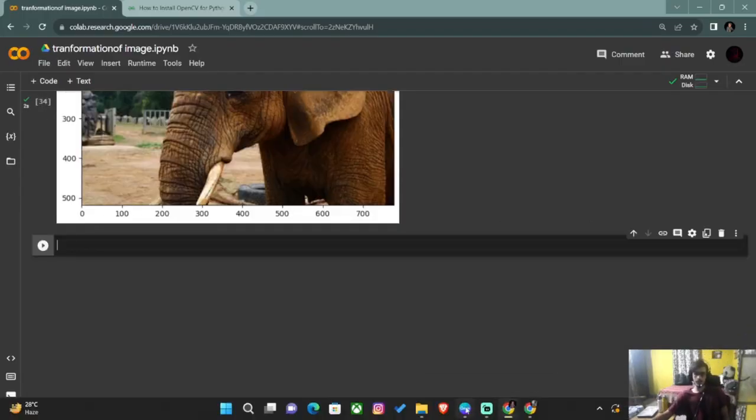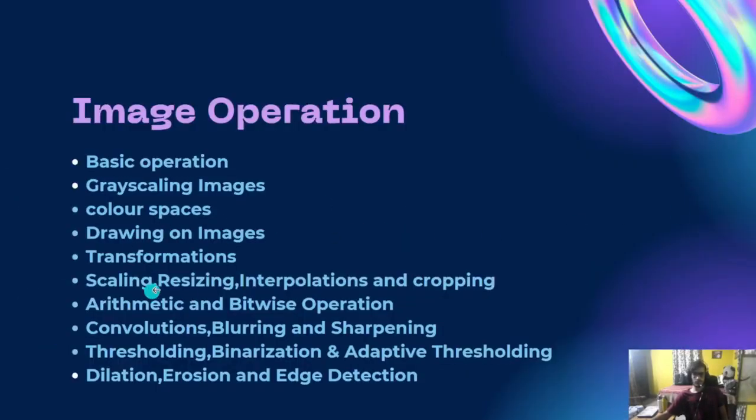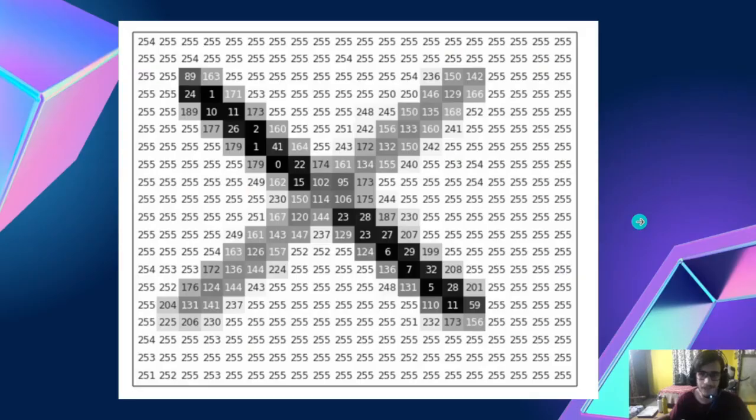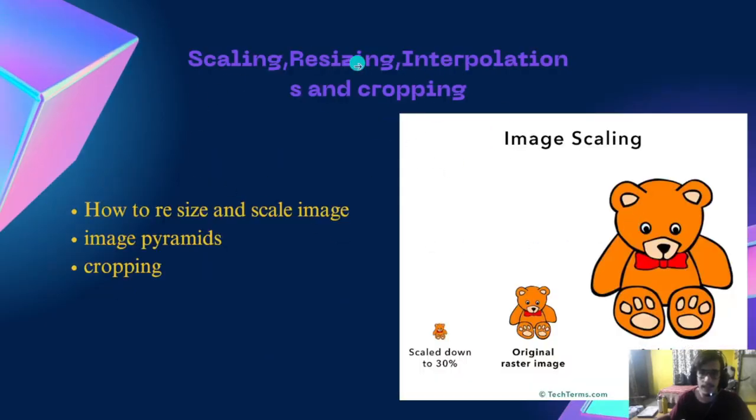Now moving to the next section, which is scaling, resizing, interpolation, and cropping. First, we will learn how to resize and scale an image. First you have to learn what is resizing and what is scaling, rescaling of an image.